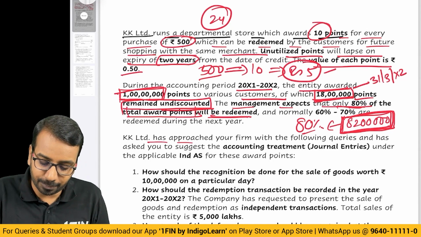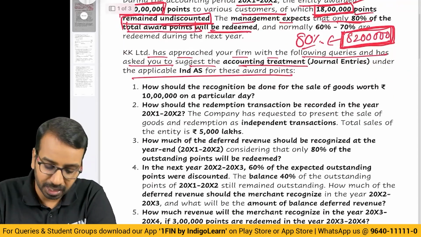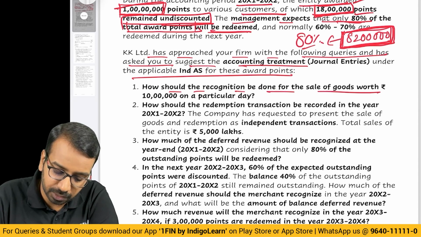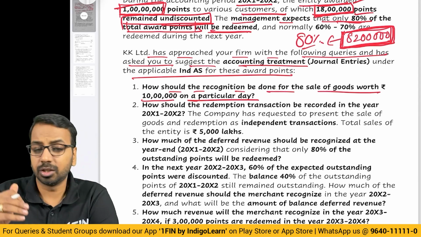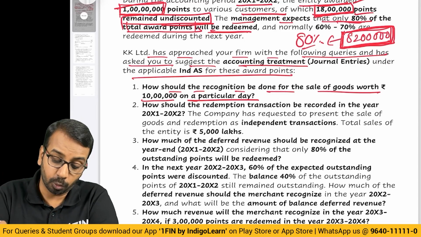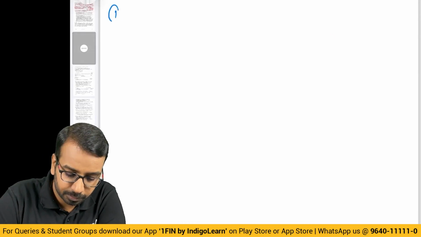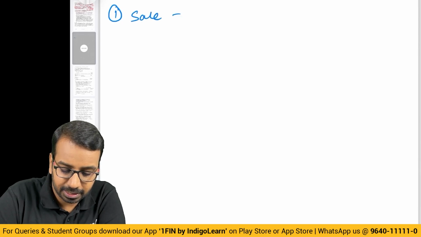The company has approached your firm with the following queries and has asked you to suggest the accounting treatment under the applicable Ind AS. Number 1. How should the recognition be done for sale of goods worth 10 lakhs on a particular day? So if you sell goods of 10 lakhs on a particular day, how will you do the accounting? So let us handle this one easy.